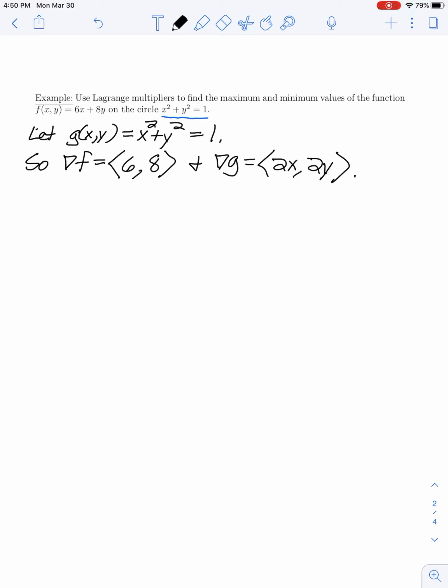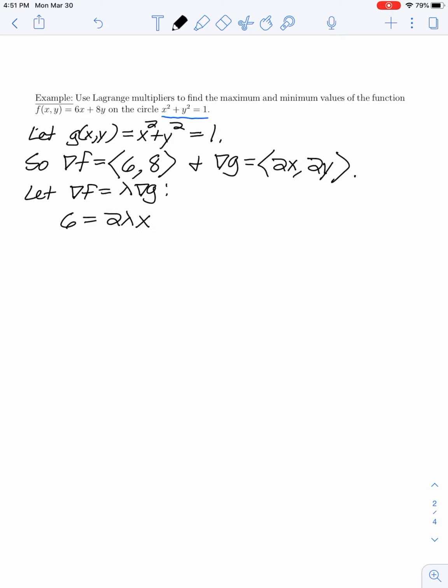And we know by the method of Lagrange multipliers, if our function f has an extreme value at a point x, y, these two gradient vectors have to be equal to each other, or scalar multiples of each other, at that point. So here we're going to set the gradient of f equal to lambda times the gradient of g.